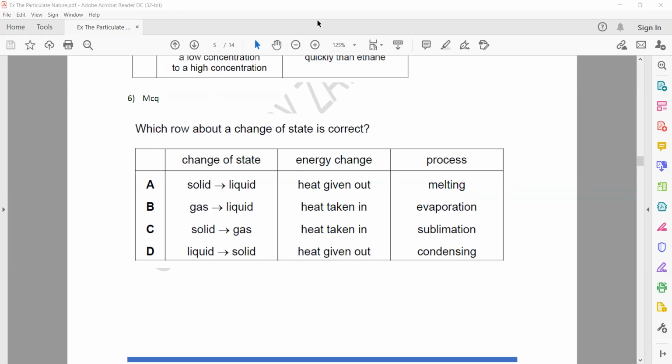So which row about the change in state is correct? A solid is turning into liquid.